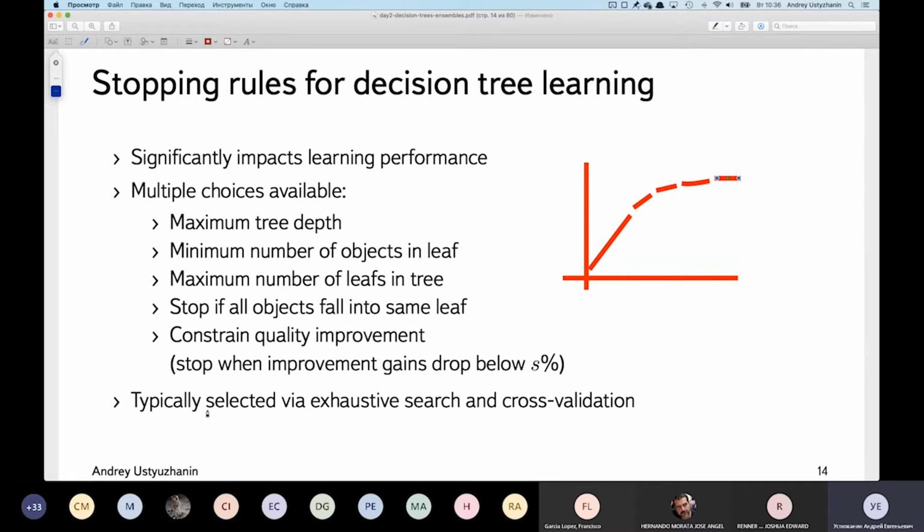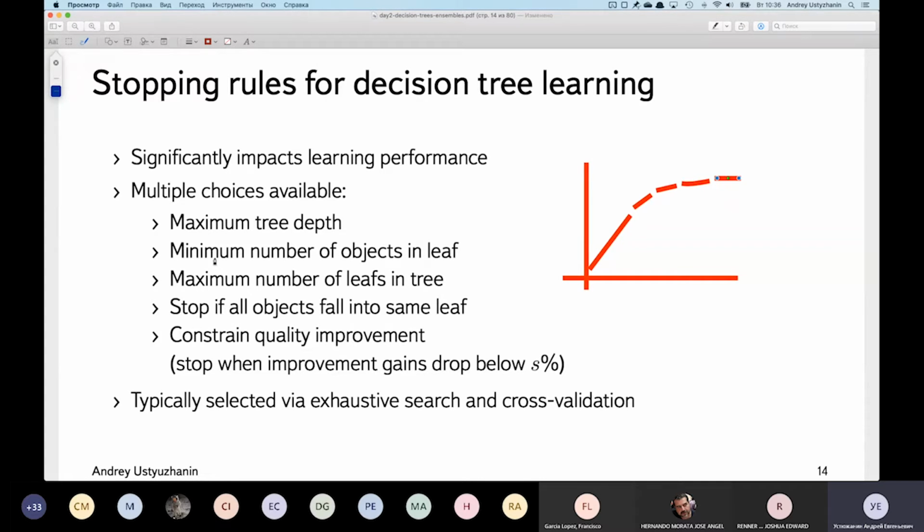And typically, particular values for such decisions: for every choice you see here, there are some parameters that you have to specify for the algorithm before it starts.